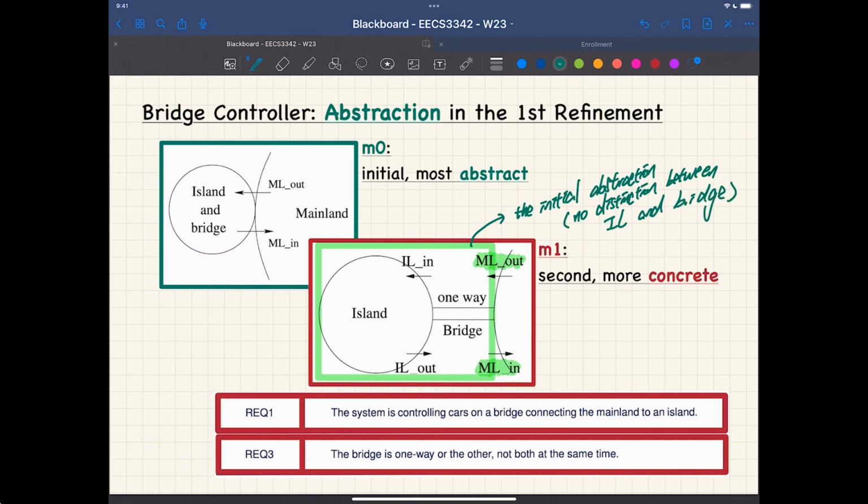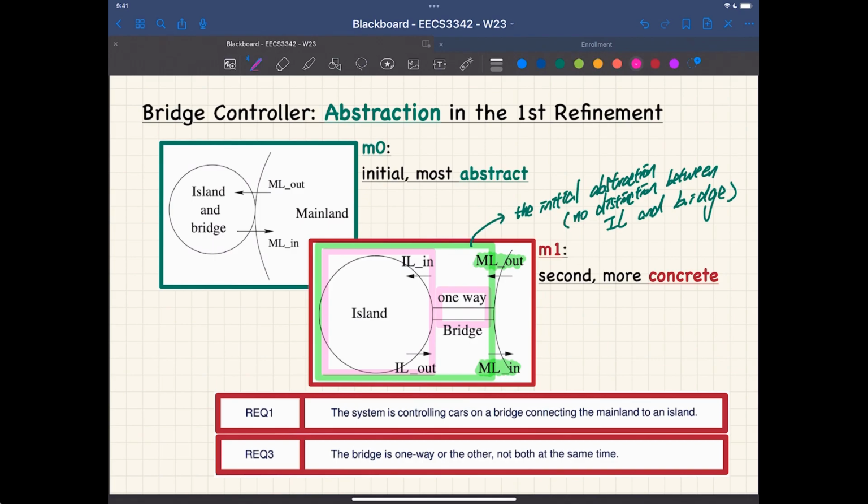And for the first refinement, we're going to do a split in the following way. We're going to say, okay, I'm going to take this part over here as one component in M1. I'm going to take this part over here as a second component for M1. Okay, this one, this one.